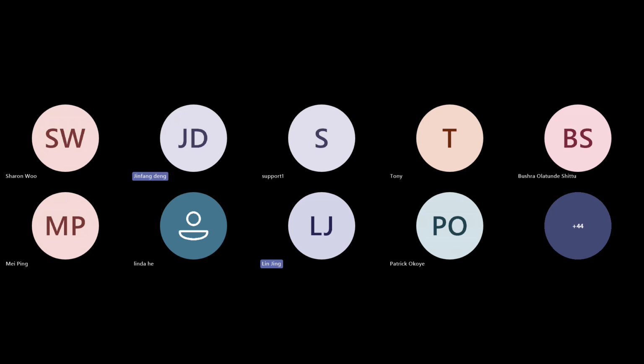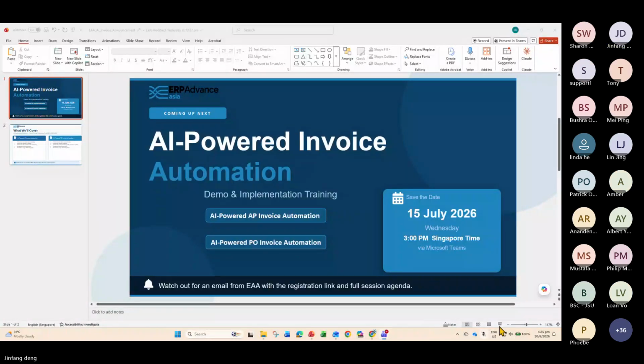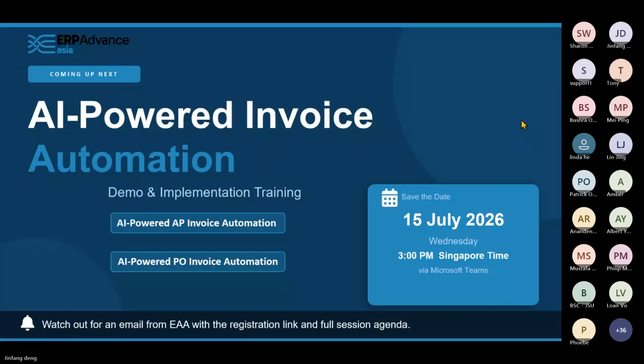While waiting for questions, I just want to share the next training topic. This is the information we gathered based on the registration. So far, the top one is AI-powered AP invoice automation.